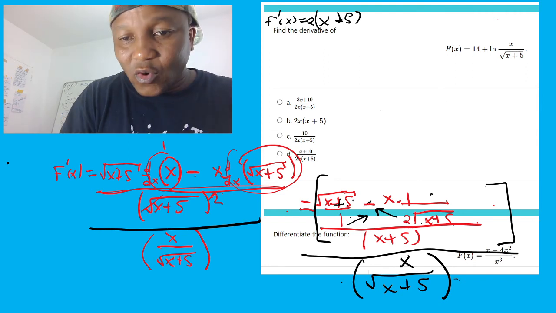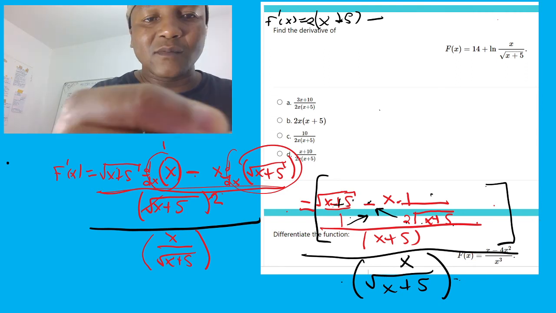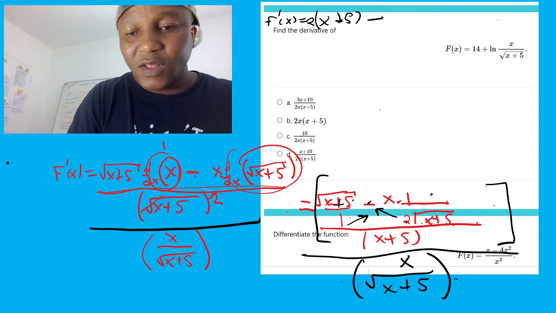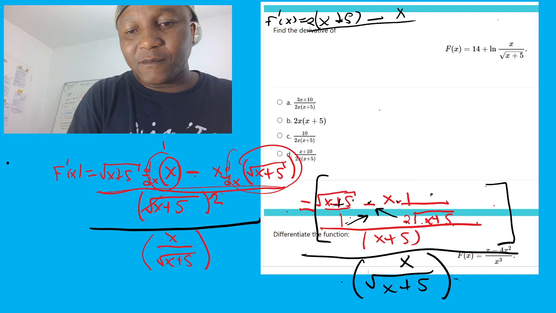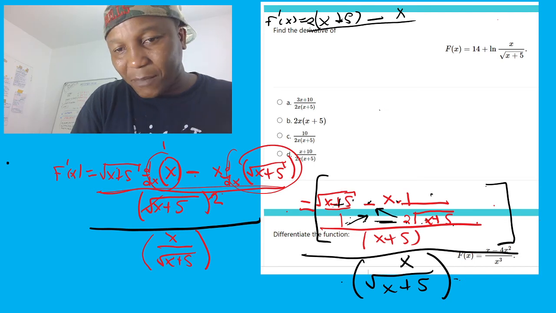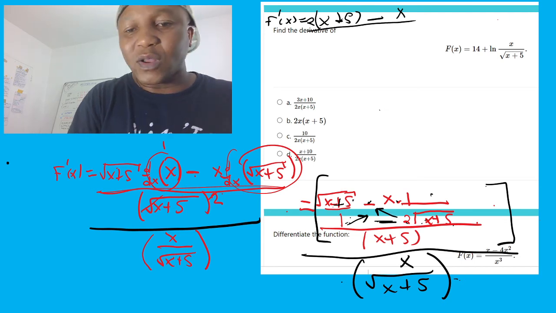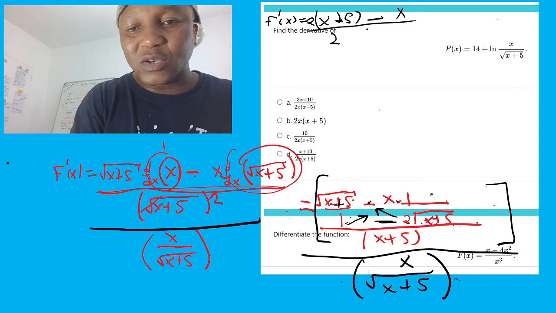So we have a minus here, we say minus. 1 times x equal to x. And then we put it over, you multiply this 2, 2 times 5 is going to be 10, so 2x plus 5.